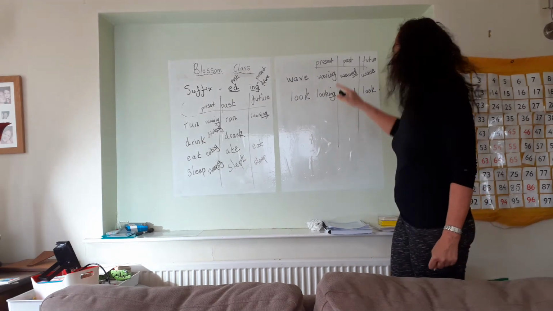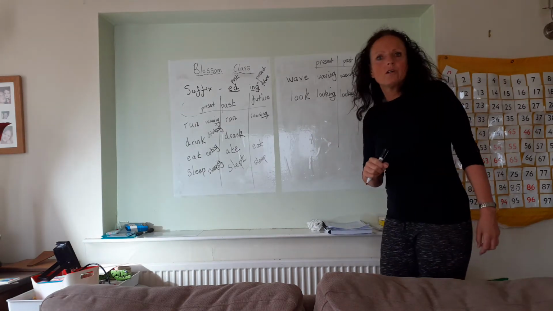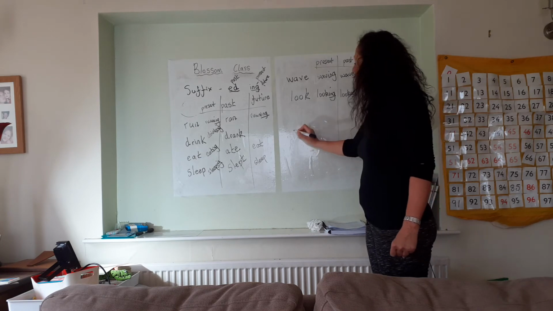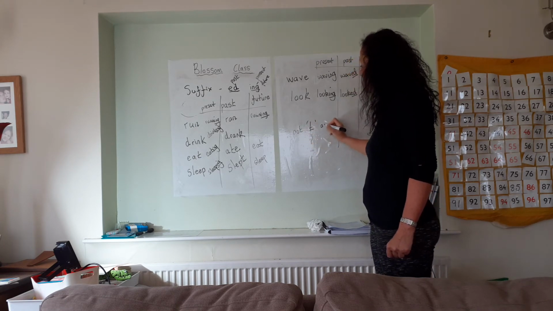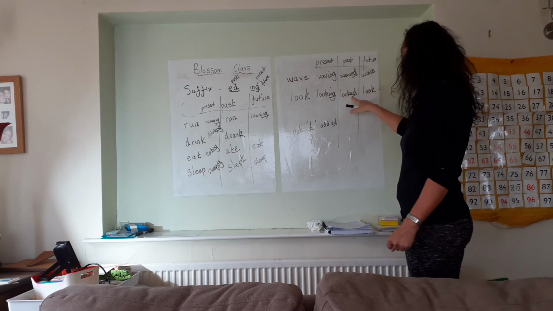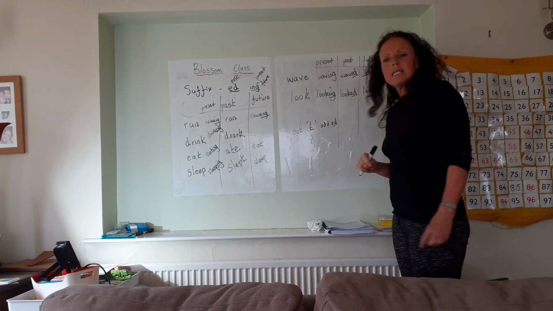Now what we sometimes say with our ed, because if you say the word looked, it sounds like a T. So the rhyme that we learn is not T, add ed. Because if you say looked, it sounds like a T, but it's actually not a T, it's an ed.